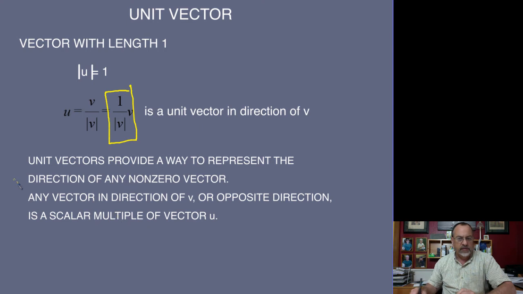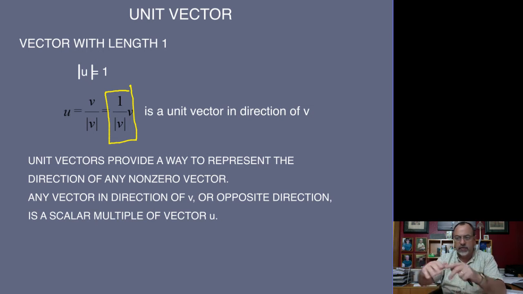And the unit vectors provide a way to represent the direction of any non-zero vector, and any vector in that direction or its opposite is simply a scalar multiple of this unit vector. In other words, if I have an arrow pointing in a particular direction whose length is 1, with components A and B, any other vector going in that exact same direction or even the opposite direction is simply a multiple of that unit vector.